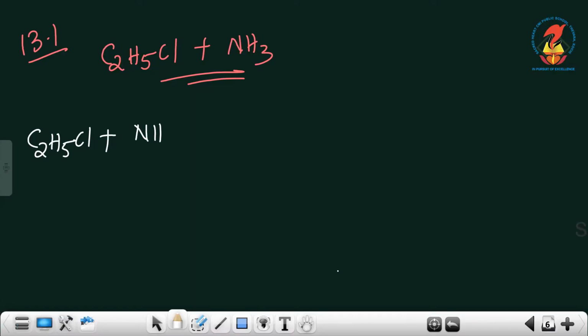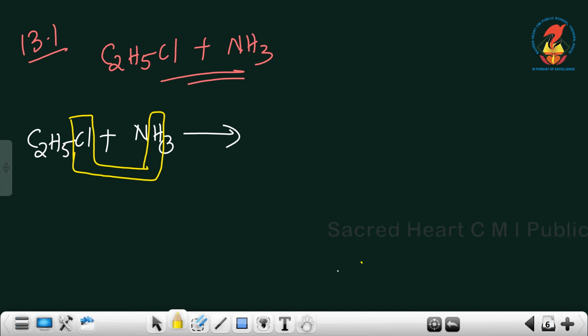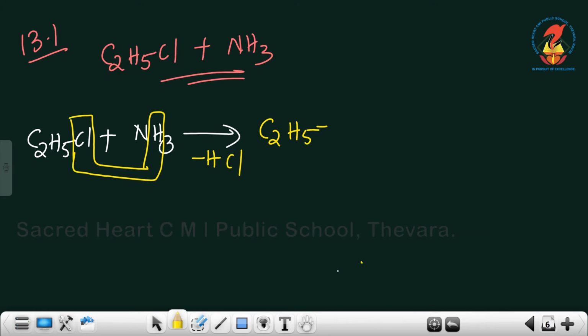C2H5Cl plus ethanolic ammonia. First, from this it will be eliminating HX, minus HCl.